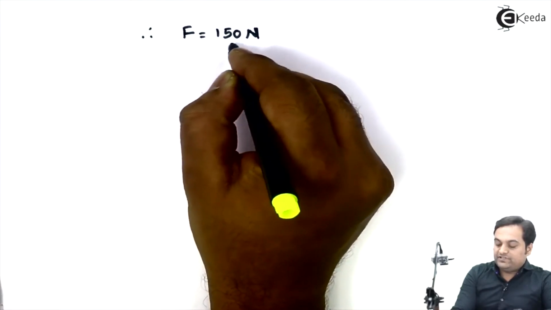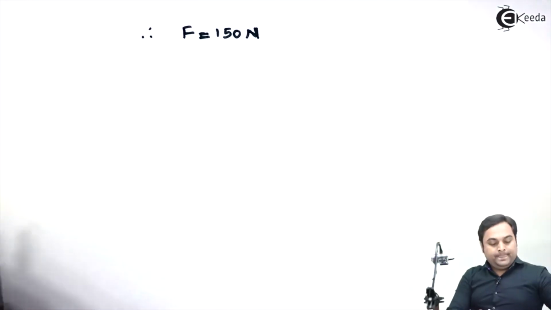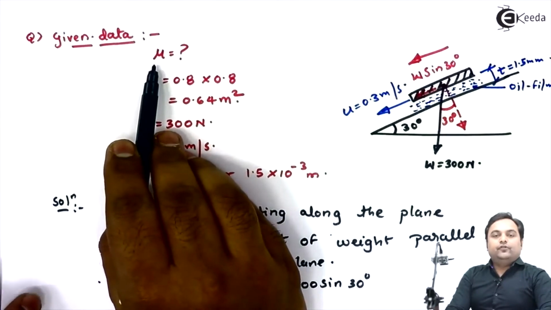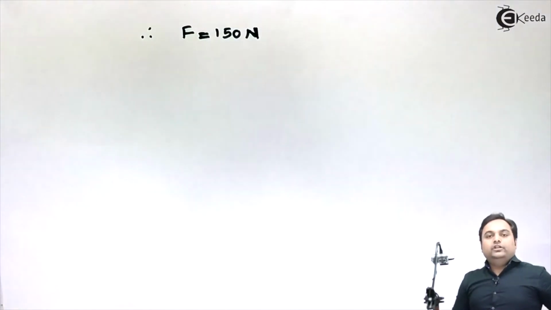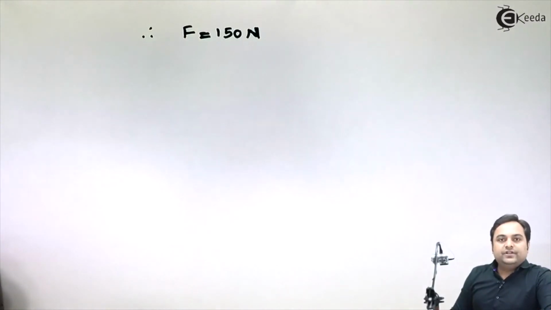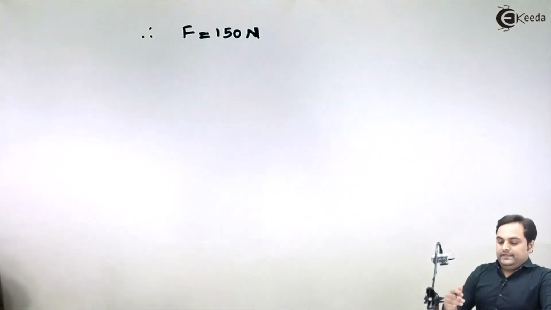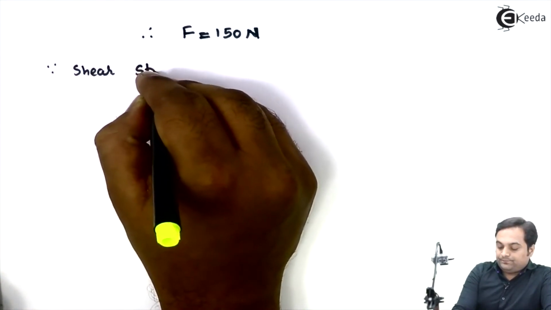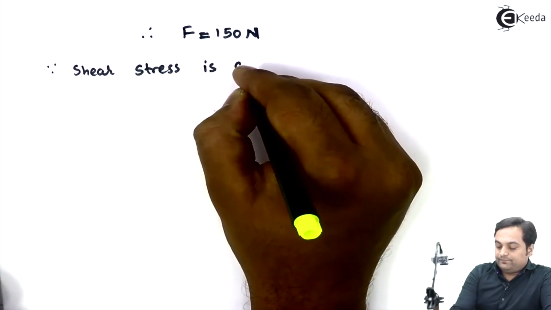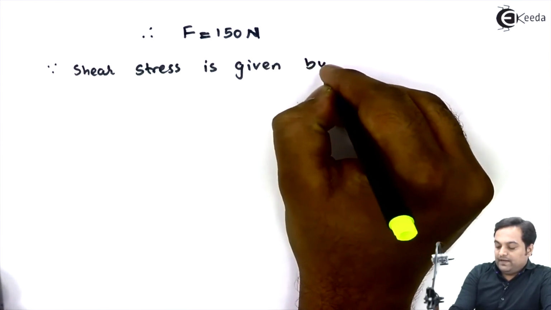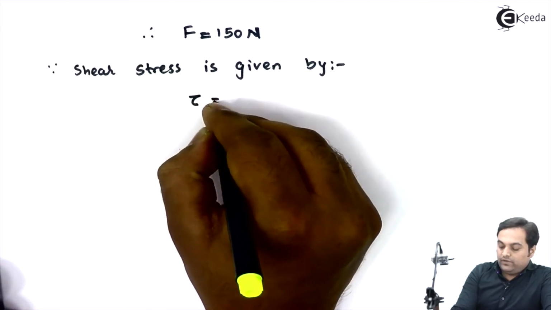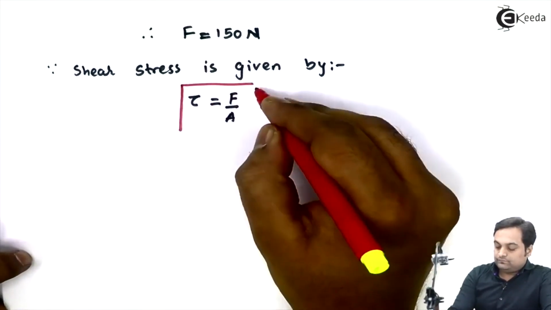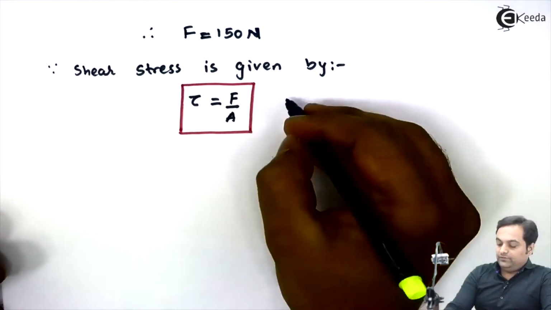Now after getting the force which is acting along the plane, in the question they are saying that we have to calculate dynamic viscosity of oil. And for dynamic viscosity of oil, we need to know the shear stress which is acting parallel to the plane. Since shear stress is given by tau is equal to force upon area, here I'll put the values.